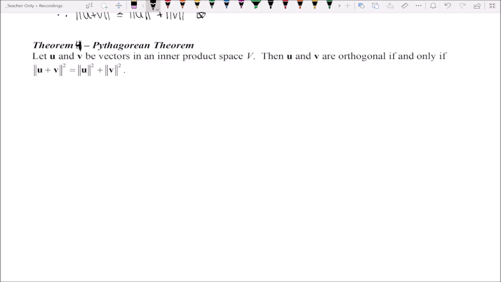The proof of this result is fairly straightforward. It uses the triangle inequality as well as the definition of orthogonality. And so the proof of the Pythagorean theorem will be left as an exercise to the viewers.